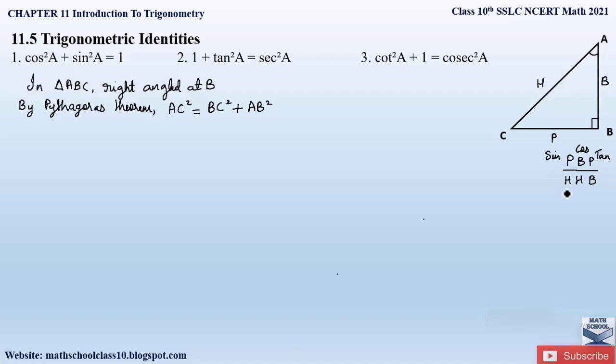Similarly, the reciprocal of this, hypotenuse by perpendicular is cosecant, then hypotenuse by base is secant, and base by perpendicular will be cot. Okay, this we have already studied in our previous videos, which will give us the fraction for the trigonometric functions.